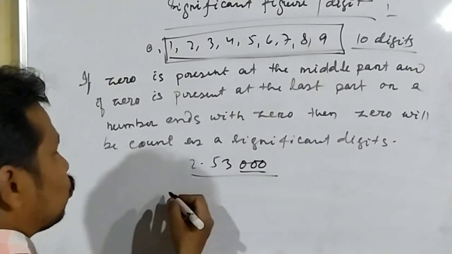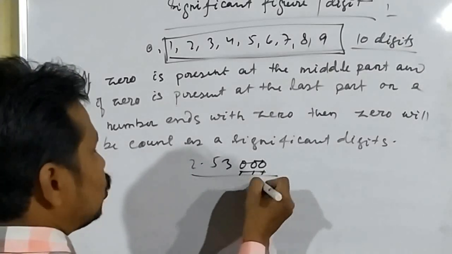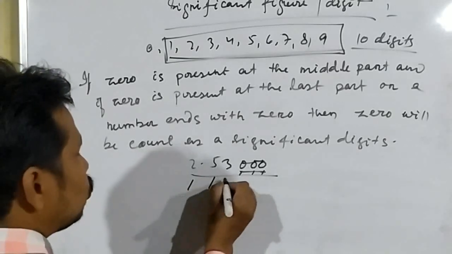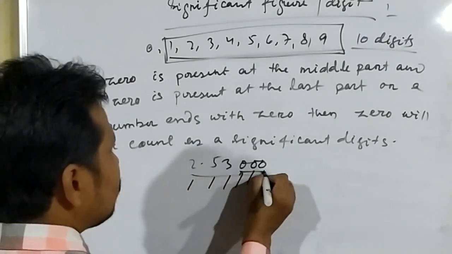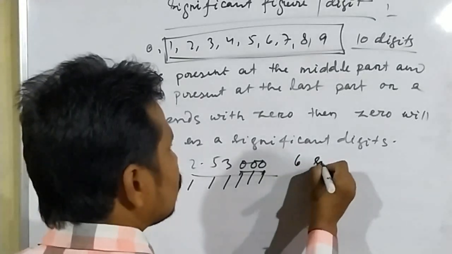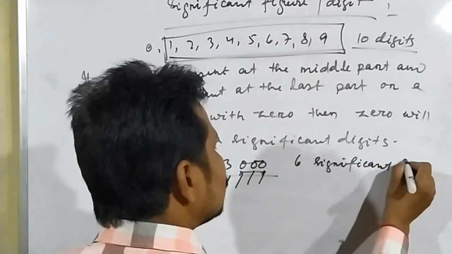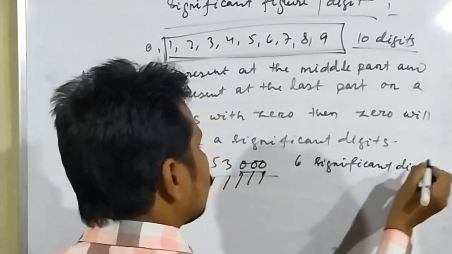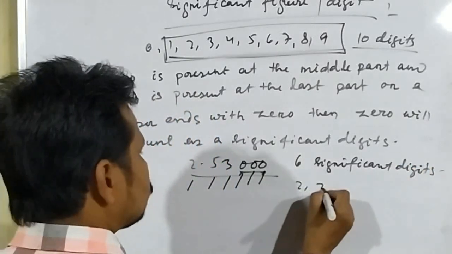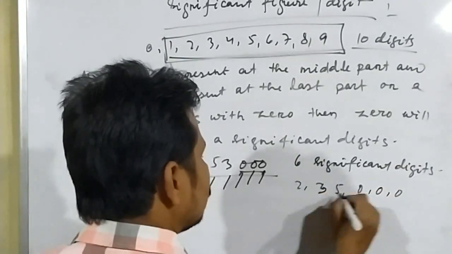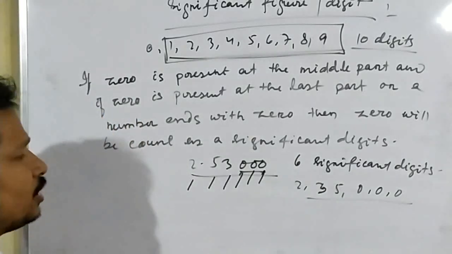Still, we have to count each 0 as a significant digit. So 1, 2, 3, 4, 5 and 6. So 6 significant digits. What are those? 2, 5, 3, 0, 0 and 0. The 6 significant digits are present.